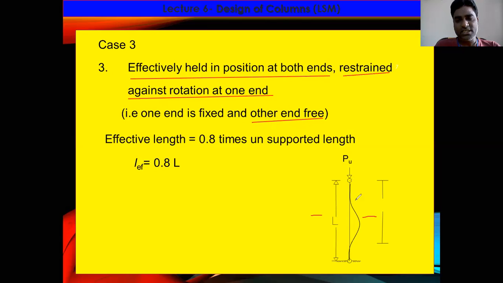In this case, the effective length is 0.8 times the unsupported length, that is, L effective is equal to 0.8 L. All these values are given in IS 456:2000, and I will show the table. So this is the case where one end is fixed and the other end is hinged. Therefore, L effective is equal to 0.8 L.